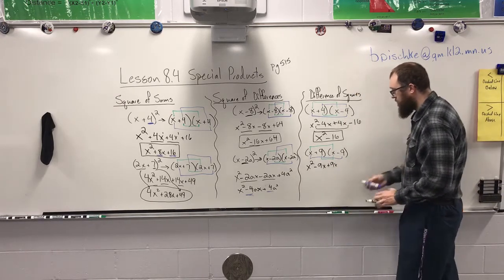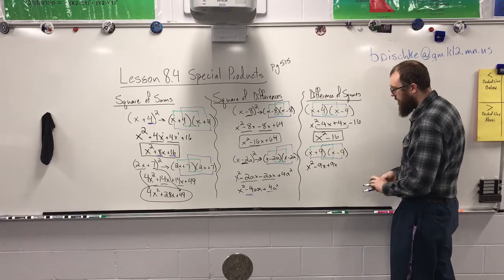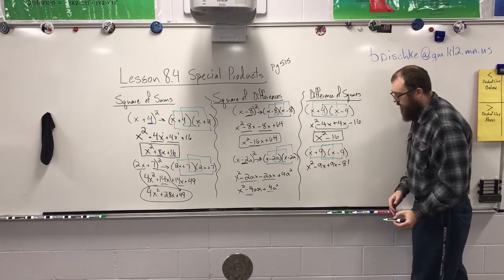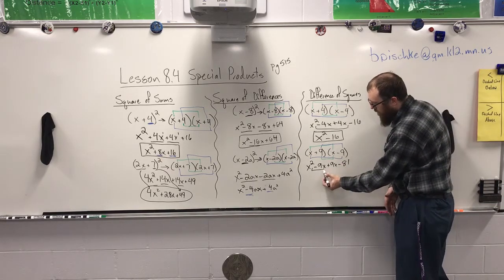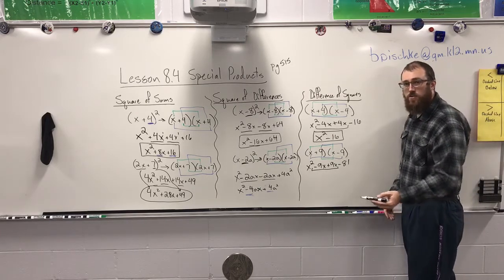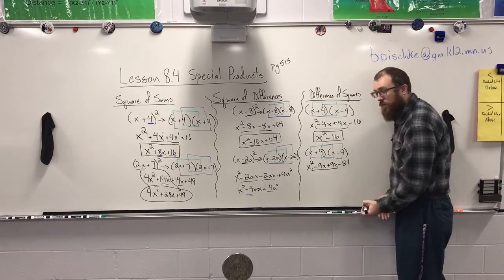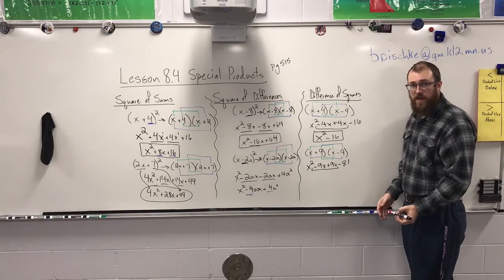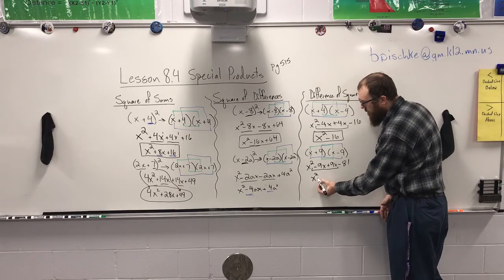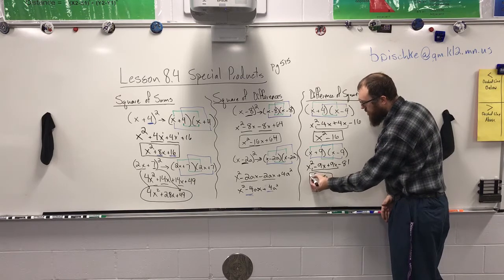And my lasts, 9 times negative 9 is negative 81. Again, you will see on all these differences of squares, when I add my middle two terms together, negative 9x plus 9x, they will become 0, which will cancel them out. So I end up with x squared minus 81 as my solution.